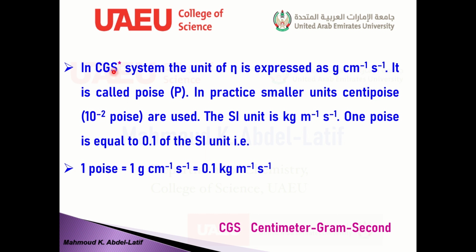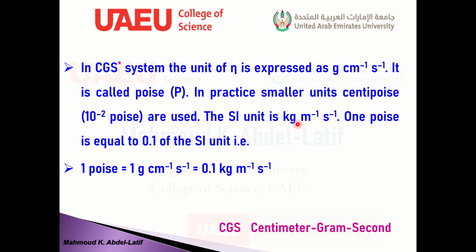in this unit system, eta is expressed in gram centimeter minus 1 second minus 1. This unit is called poise, after Poiseuille. In practice, the smaller unit centipoise can be used, which is 10 to the power minus 2 of this unit. The SI unit should be in kilogram meter minus 1 second minus 1.